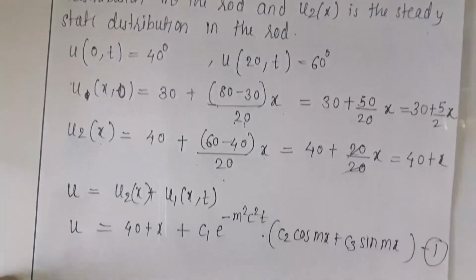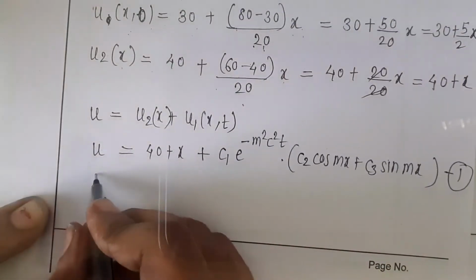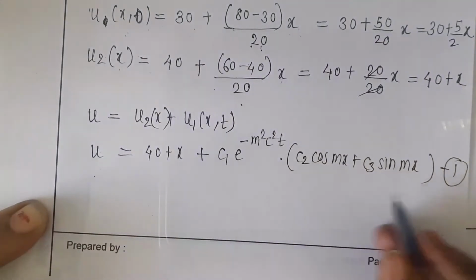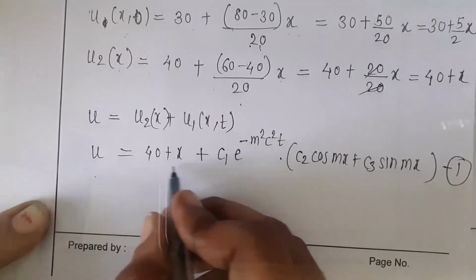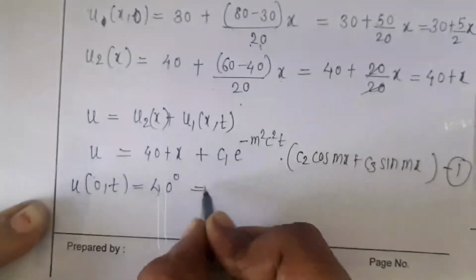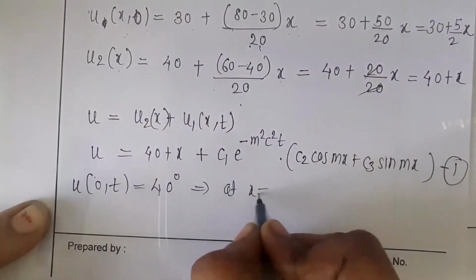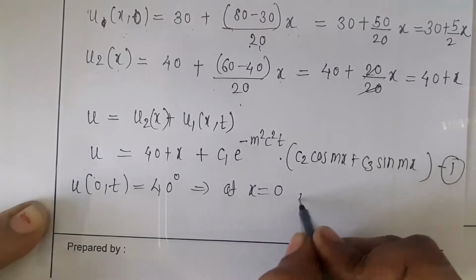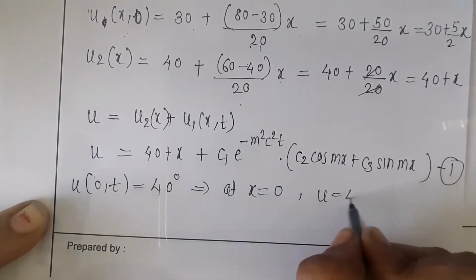So this is the initial condition which is given to us. Now first use the first condition, that is u of 0,t equal to 40 degree. Means at x is equal to 0, the value of u becomes 40 degree.